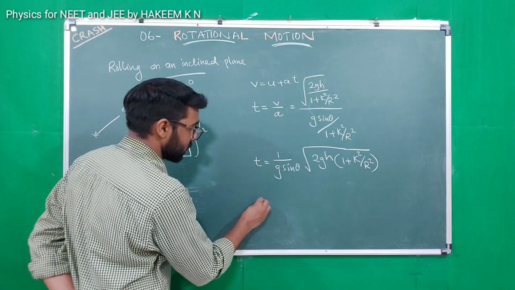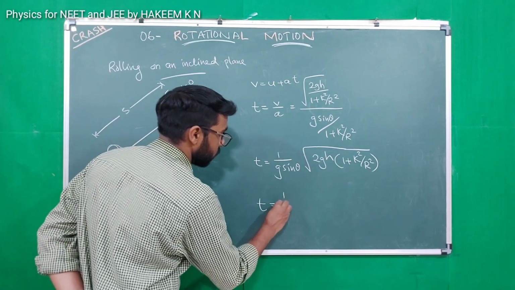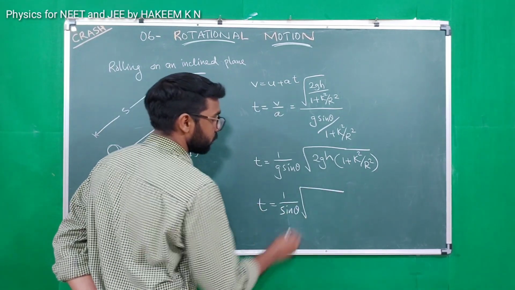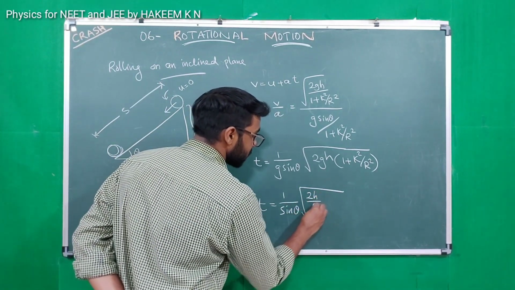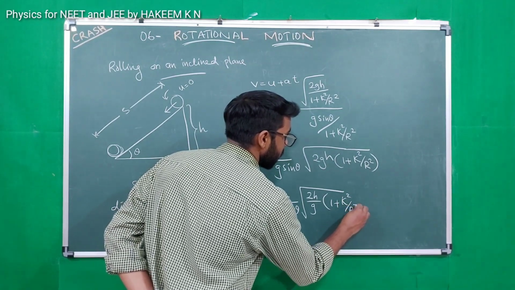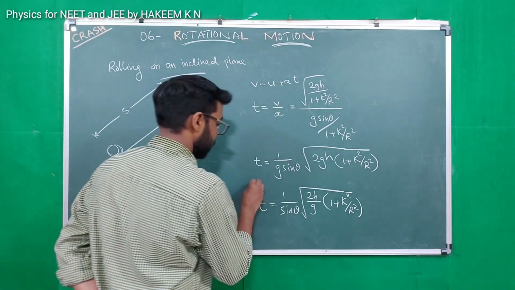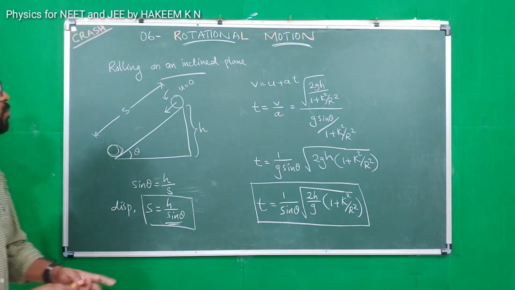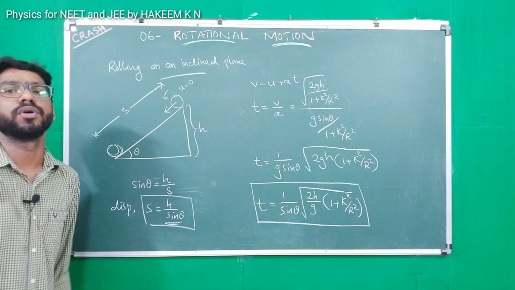One g will cancel. So time of descent t equal to 1 by sin theta into root of 2h by g into 1 plus k square by r square. This is time taken by the body to reach the bottom.